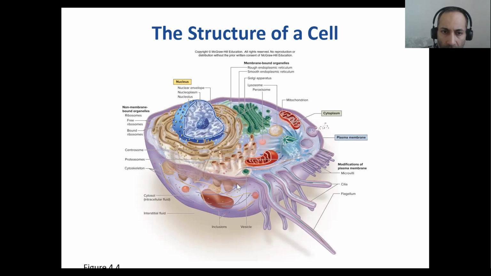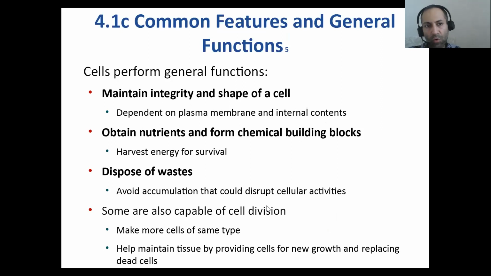Proteasomes here. Proteasomes, again, are organelles that have to do with the breakdown of protein within the cells, and cytoskeleton, which literally means cell skeleton, which includes things like filaments, microfilaments, microtubules, cilia, flagella. They're all made up of cytoskeleton, and they give shape to the eukaryotic cell.